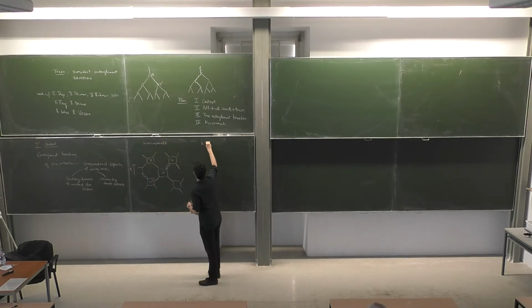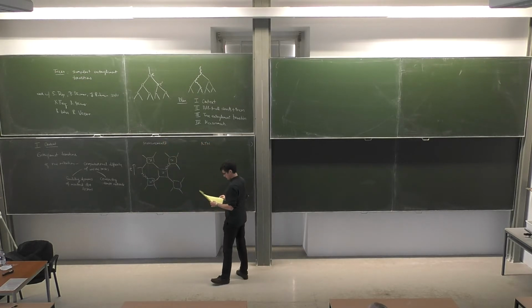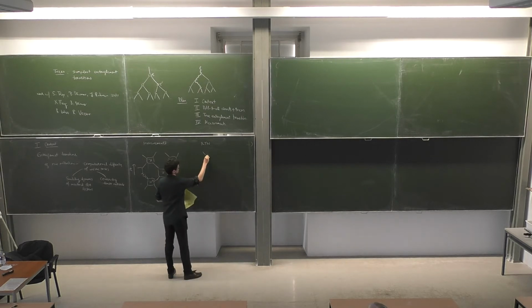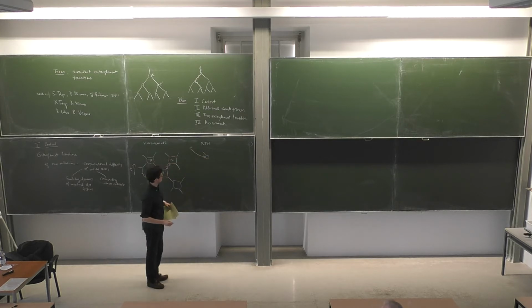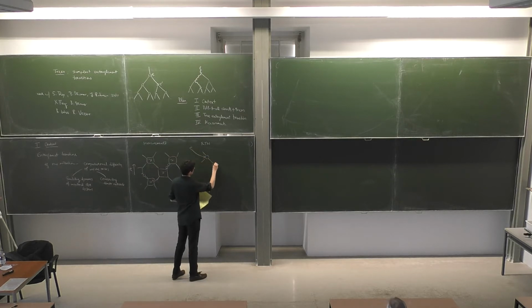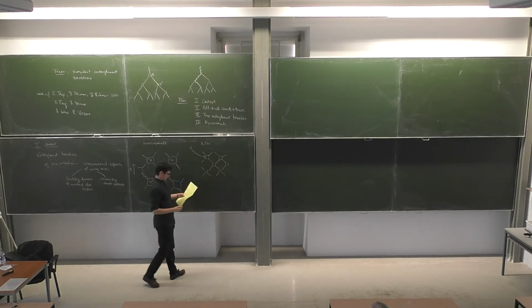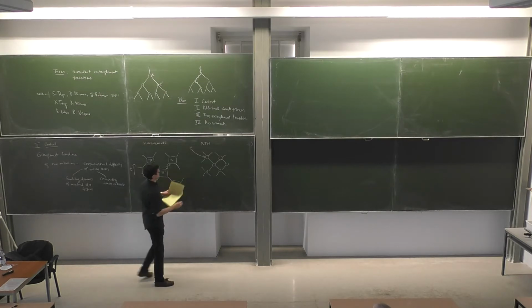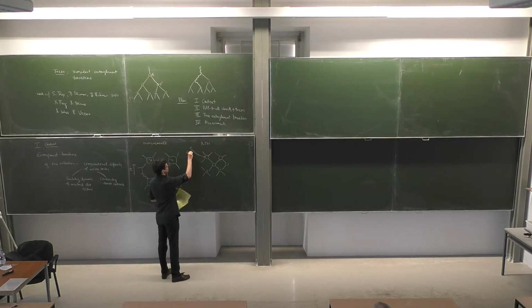In the random tensor network, we might have something which is structurally similar. So here we have some random tensors drawn from some probability distribution independently, each one an independent draw from this probability distribution. So for example, this might be a Gaussian random tensor.